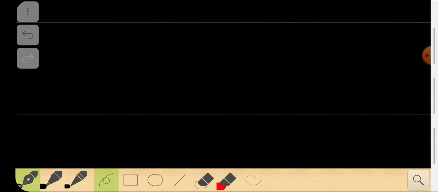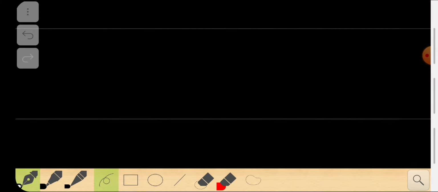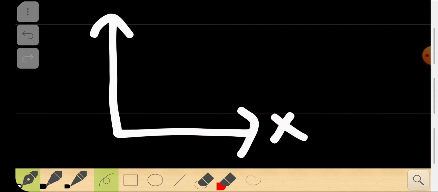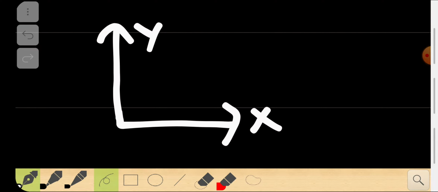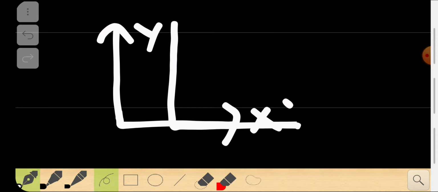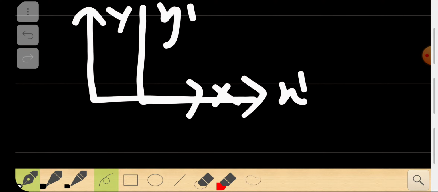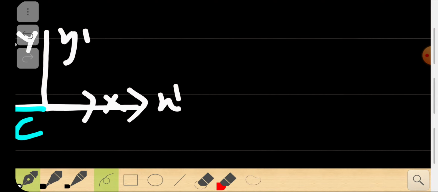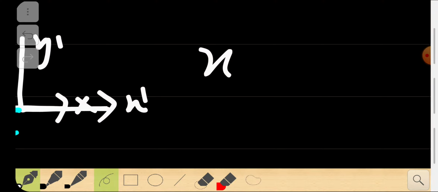So I'm not going to explain much further. Anyway, let's get to the point. If you have a coordinate system like this, say x and y, and I shift the coordinate system to the right along the x-axis, the new coordinate system will become x dash and y dash, right? The new coordinate system has a difference of, say, c. So what has happened in the equation is that x dash has become x plus c.